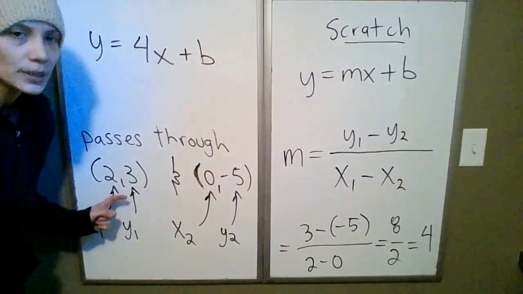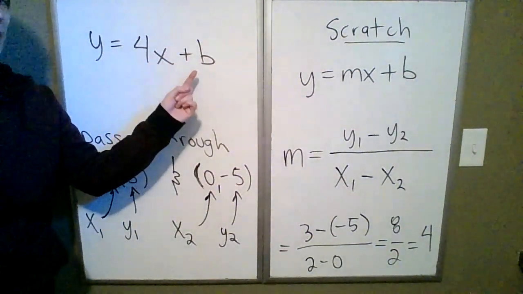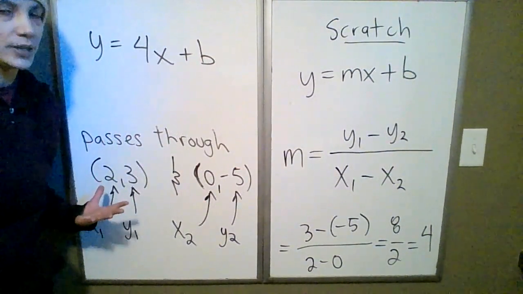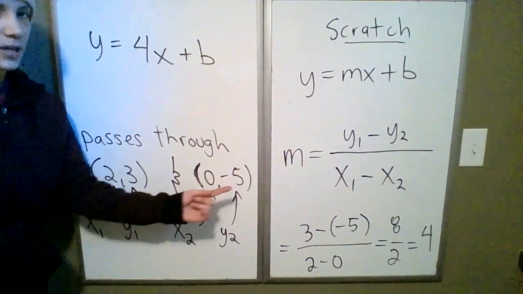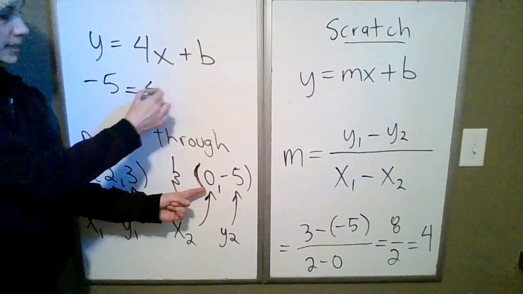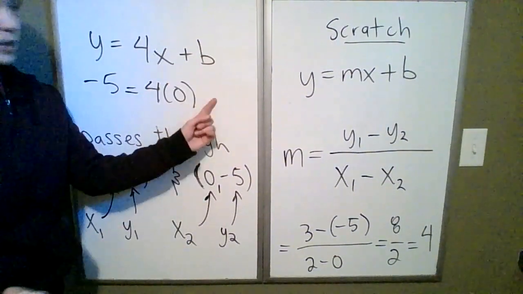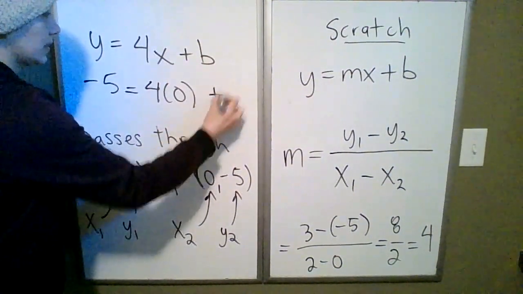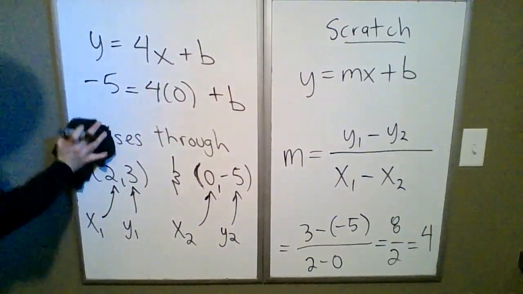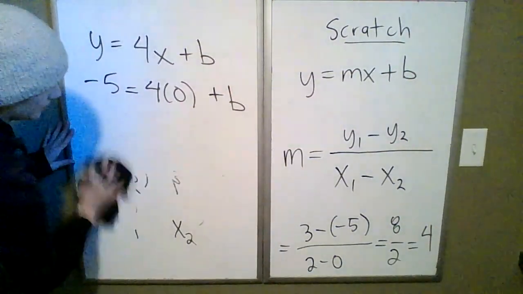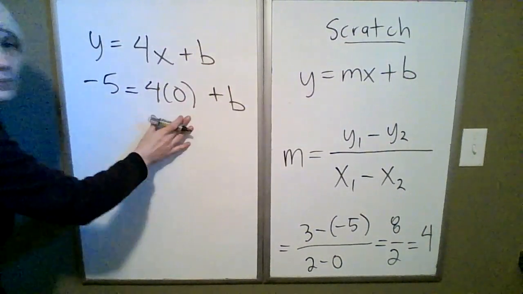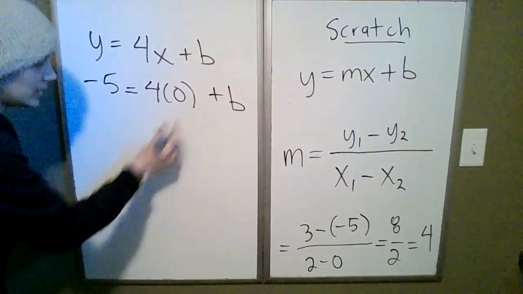Now either point would work to get that number b. I kind of like the point that has 0, but again, you could pick this point if you want to. Let's try -5 for y, 0 for x, and then solve for b. Like 0 because this number is 0.